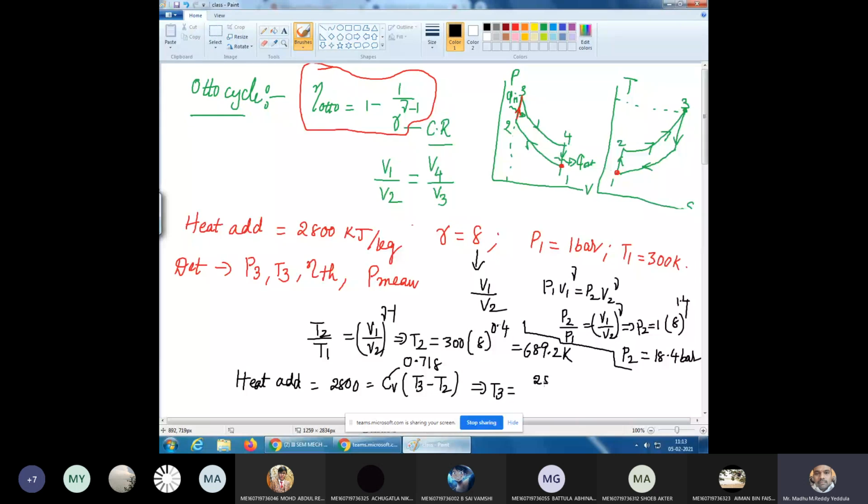T3 is equal to 2800, heat addition is in kilojoules, divided by 0.718, plus T2. T2 value 689.2. How much will it be? It's 4588.9, sir.